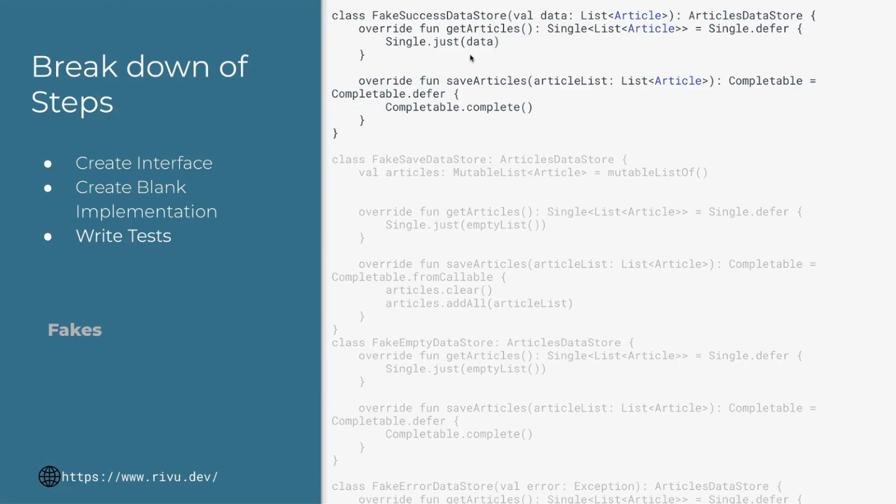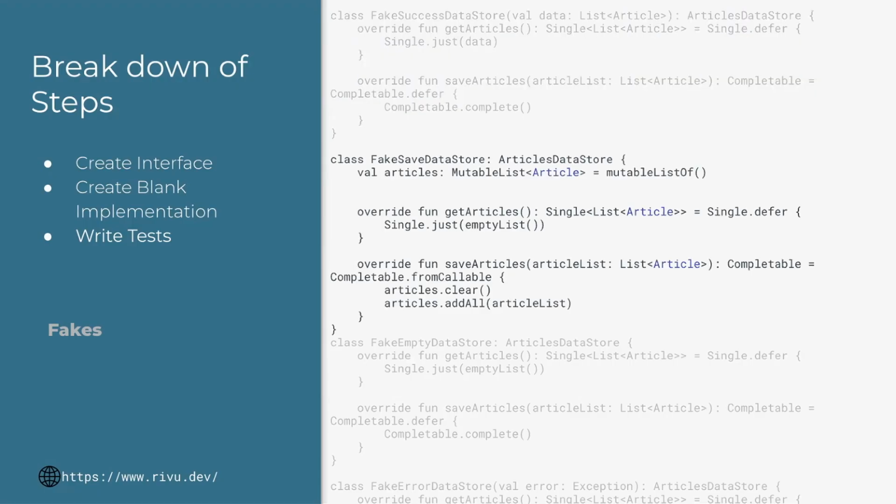I will pass a dummy stub data to this as an argument, and when you call the get articles method, you will get that data. When you call the save articles method, you will get Completable.complete. This is the save data store.